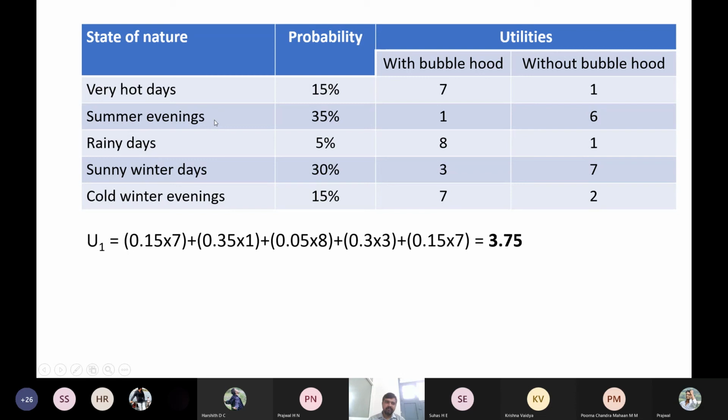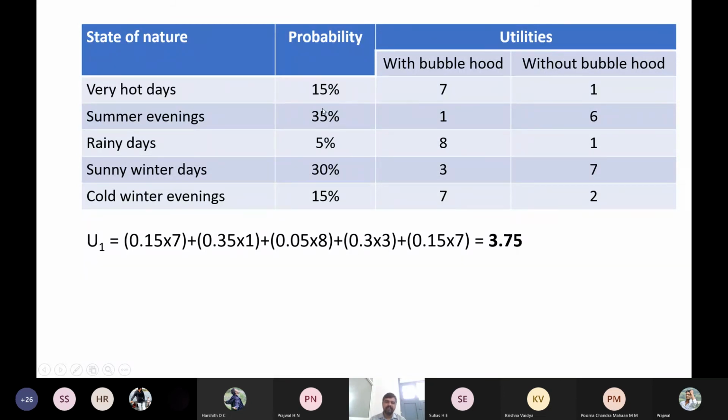In order to find the utility of a bike design with bubble wood, that means with a protective layer or a protective cover, its utility is 3.75. Here probability itself is the weightage for this example.